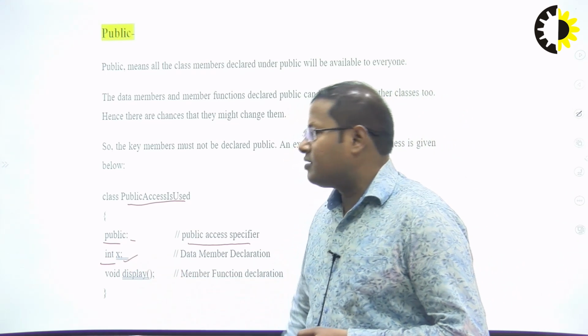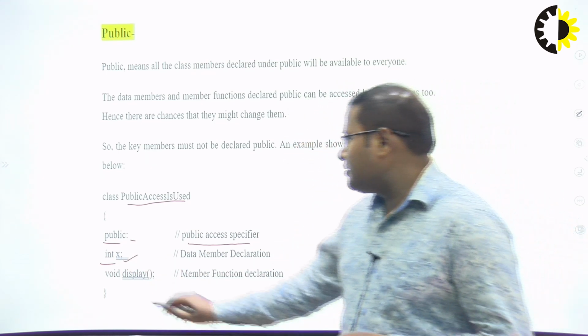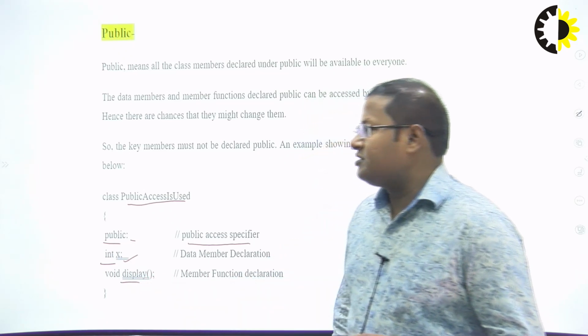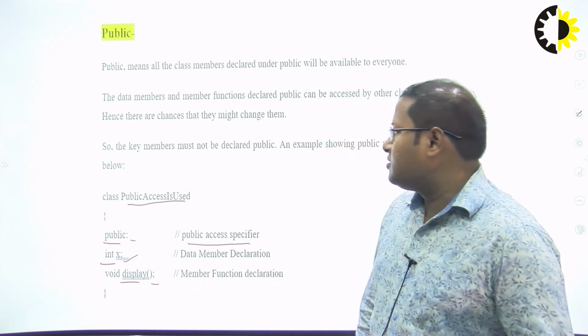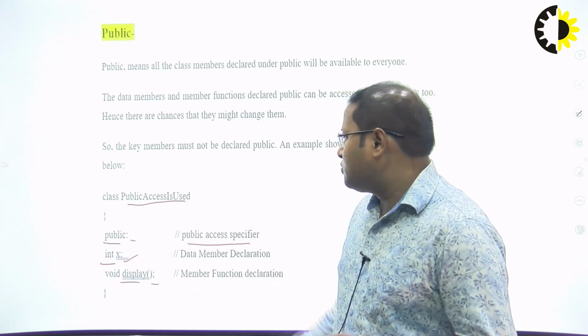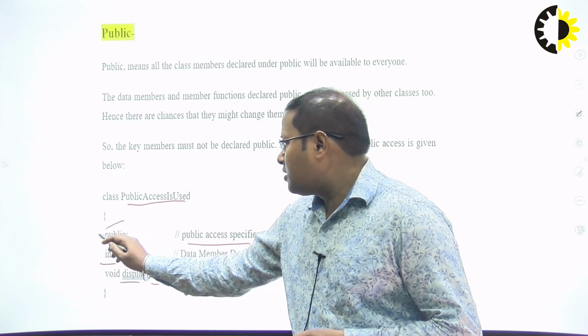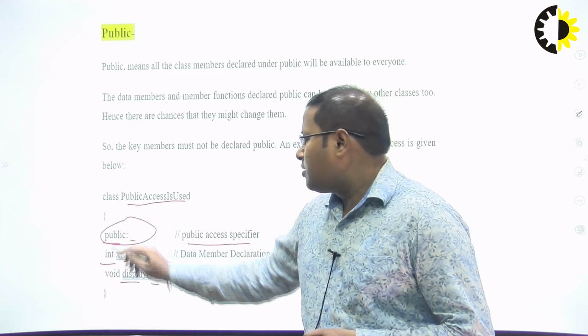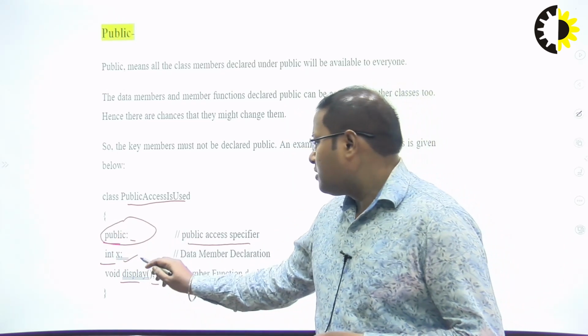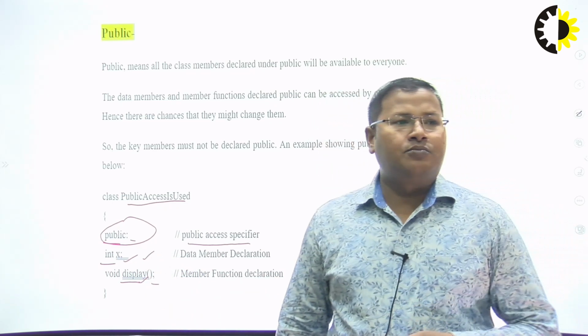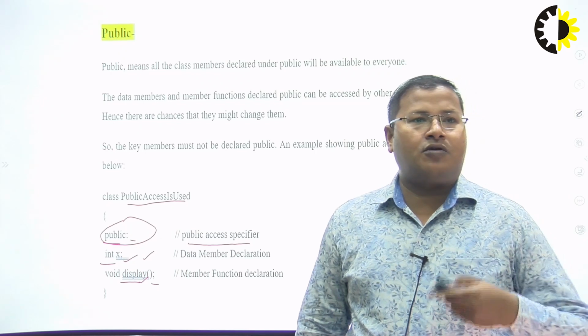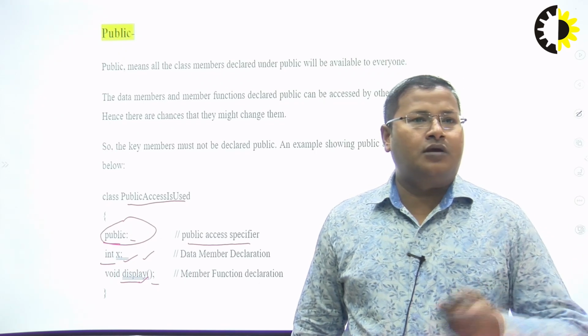Here I have written the semicolon. Then a member function with the name display is declared in this class. So here the public field has the data member and member function, and both are available outside the class.